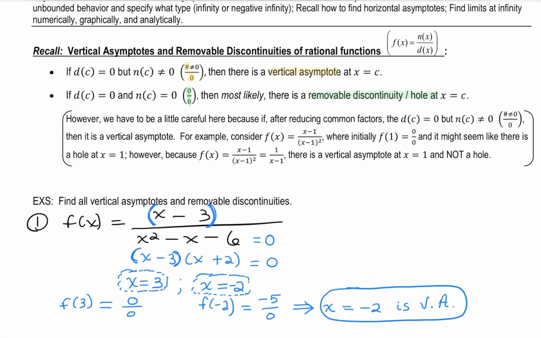So in this situation, what we end up with is a removable discontinuity. So x equals 3 is a removable discontinuity. All right, so that's your most common situation there.